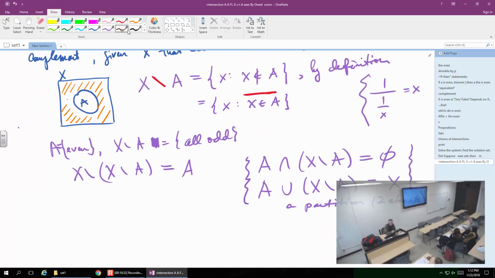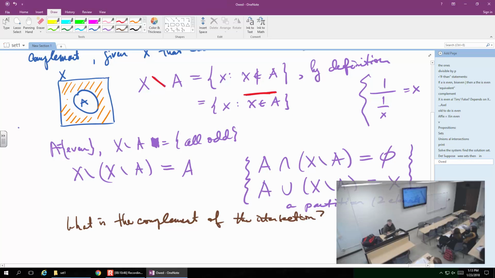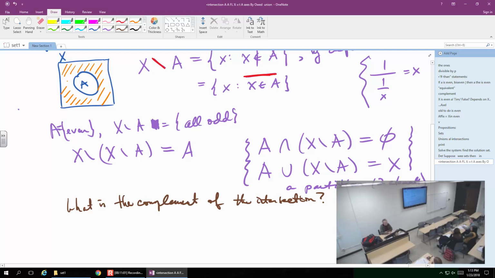That's the first question I would like to ask. You realize that the question corresponds in logic to what is the negation of 'and'. If you remember what it is, fine; if you don't, with sets it's very easy to illustrate, even just with pictures.